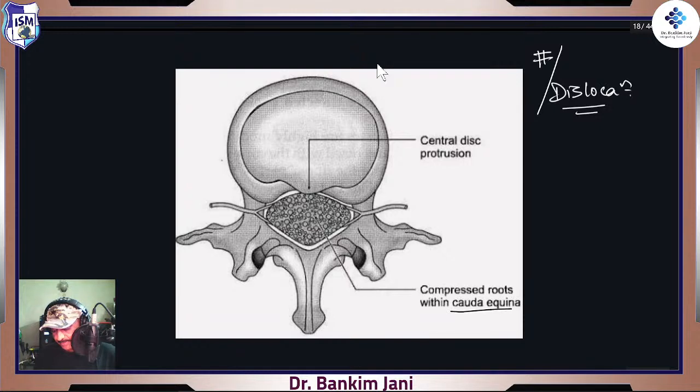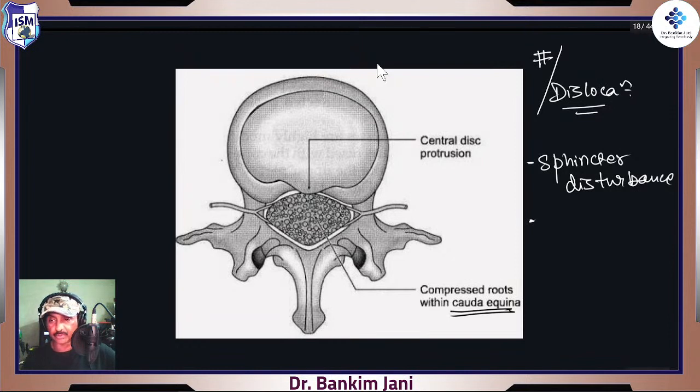Cauda equina is the last portion of the spinal cord. When this happens, the symptoms are classical: sphincter disturbance. The person would find it difficult to hold urine, so stool and urine are difficult to control.